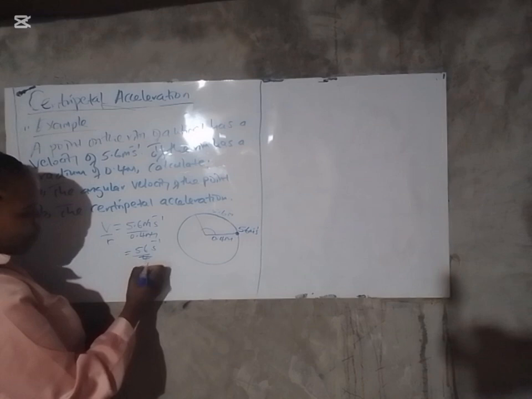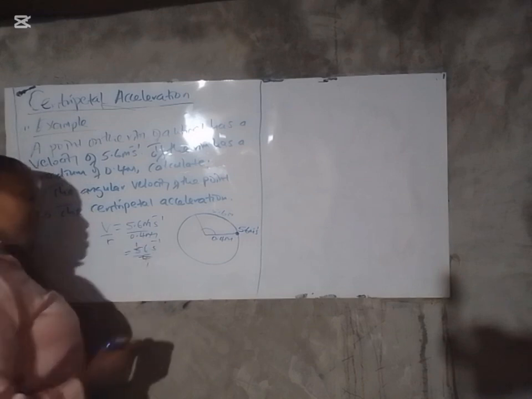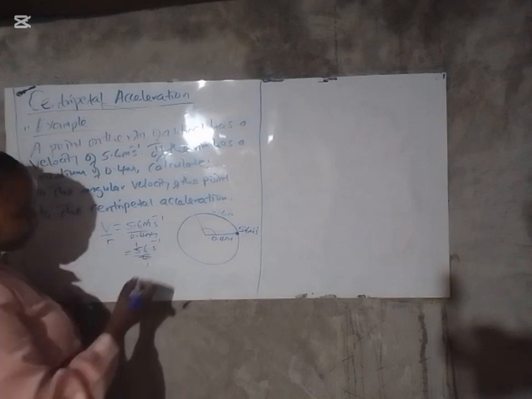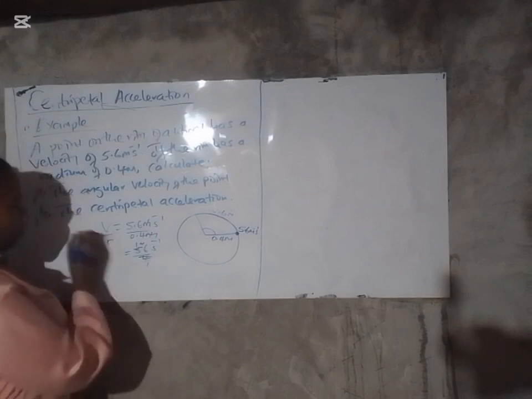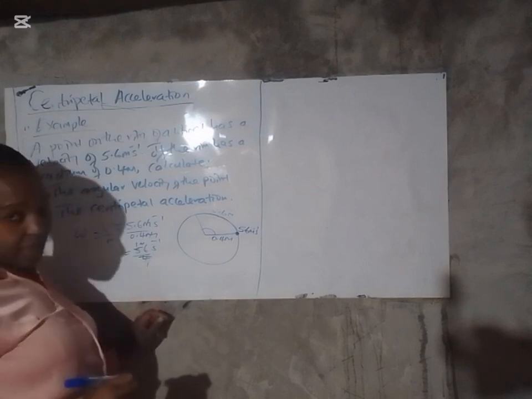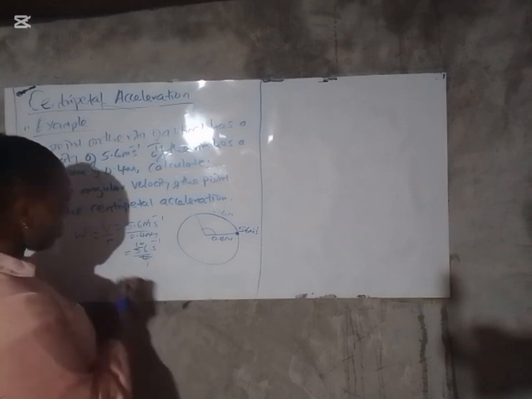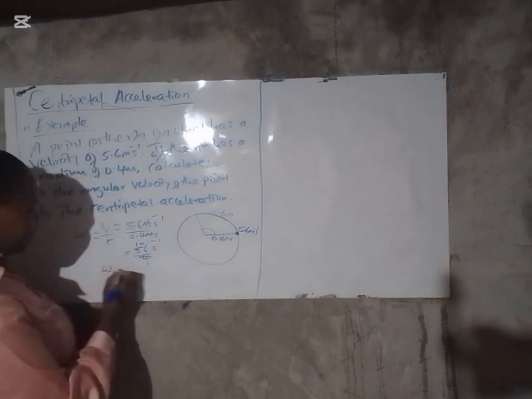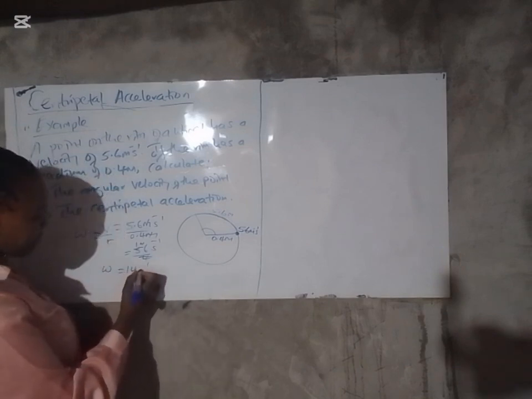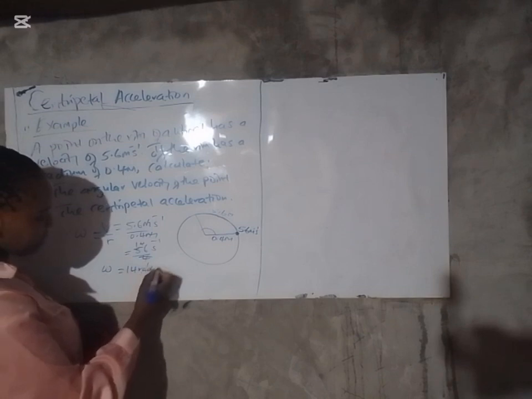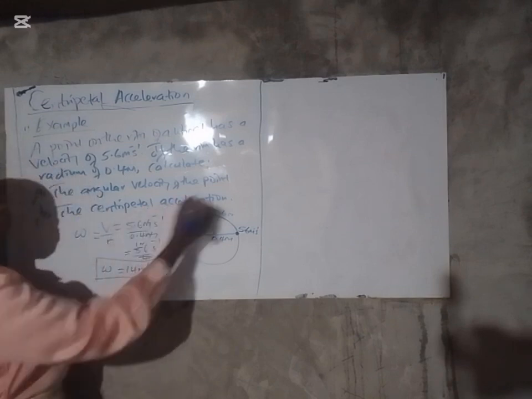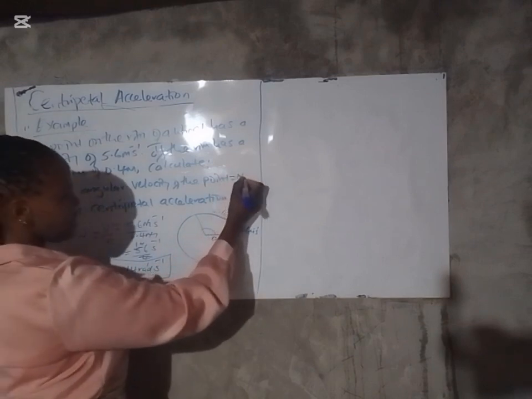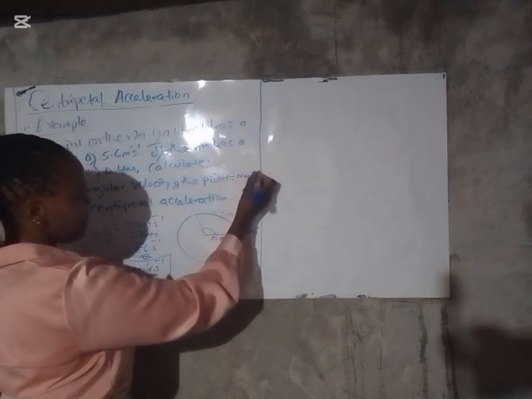By 4, 1, by 4, 1, carry 1, 16, that is 4. So this is omega, angular velocity, given in radians per second. So we say omega equals 14 radians per second. And that is the first answer, 14 radians per second.